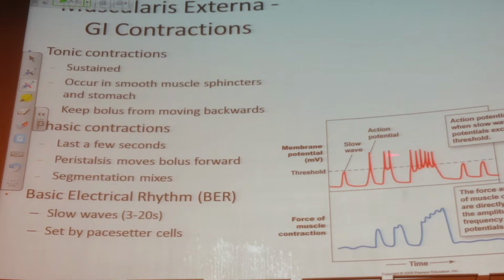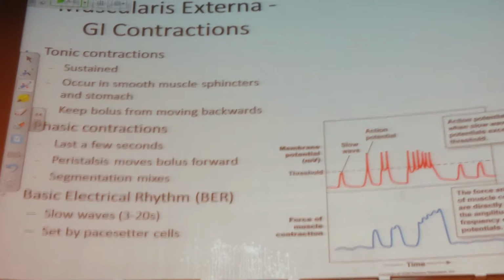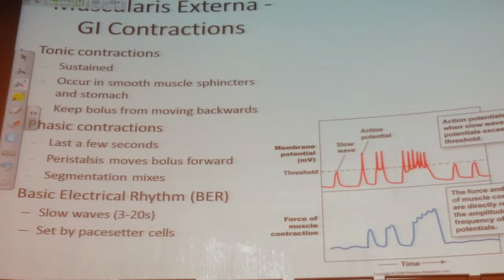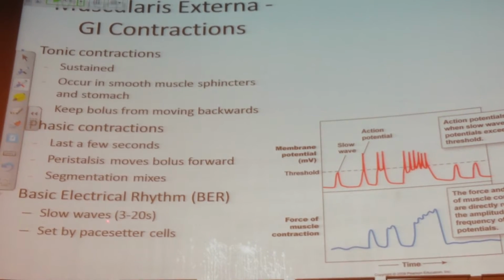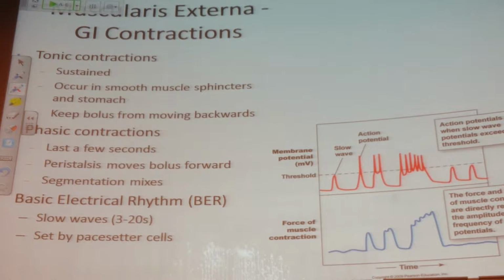Ignore the high peaks here, those are the action potentials. Just look at the subthreshold oscillations. Those are our basic electrical rhythm. These rhythms depend on the different portion of your GI, and could range from 3 seconds per cycle to 20 seconds per cycle. So it could be very slow and it could be quite fast.